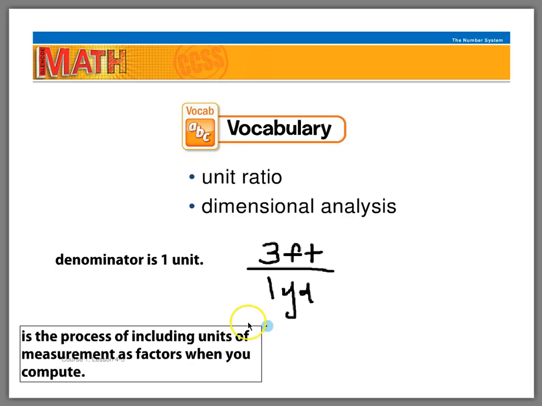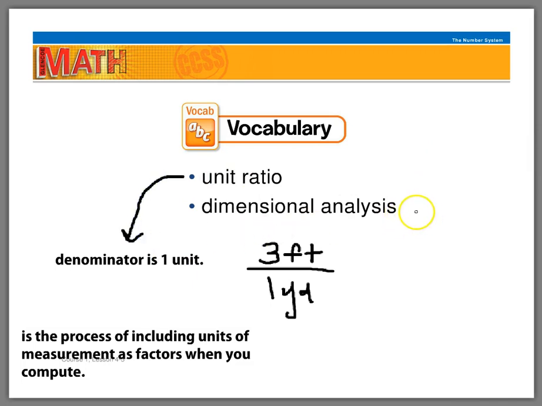Now you'll need to write both of these down. So the denominator is 1 unit. This is unit ratio. And dimensional analysis is this one. Now dimensional analysis is almost easier just to show you than it is to try and explain what it is. So as we go through this, I'll explain what dimensional analysis is.